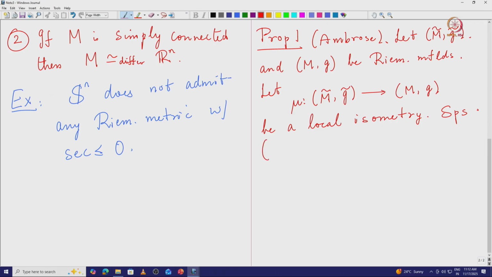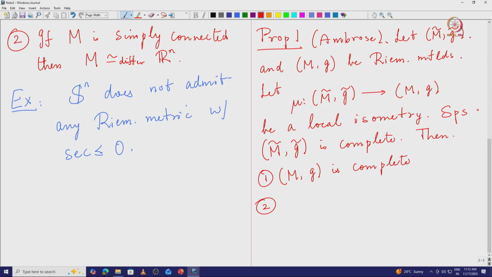Suppose M tilde, g tilde is complete, okay. Then the conclusion is that M, g is complete and mu is a smooth cover, a covering map, okay. So this is the first ingredient that we are going to use. I will prove this in the next lecture. So the proof is in the next lecture, okay.